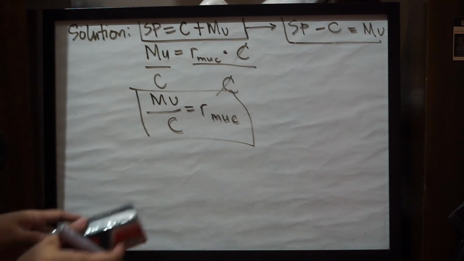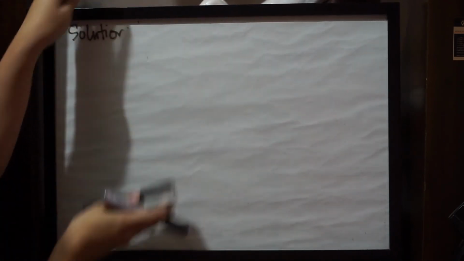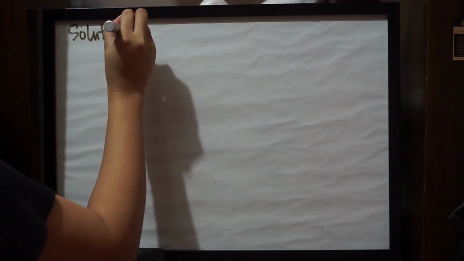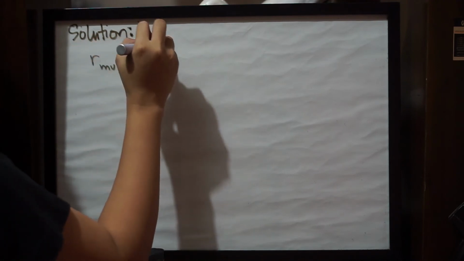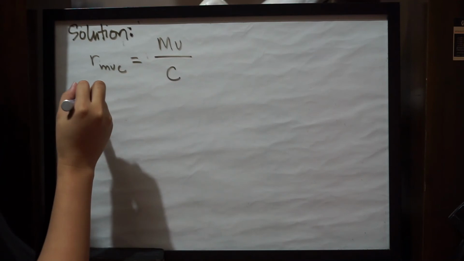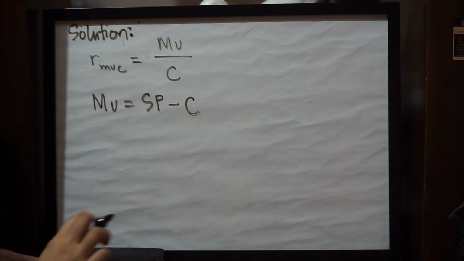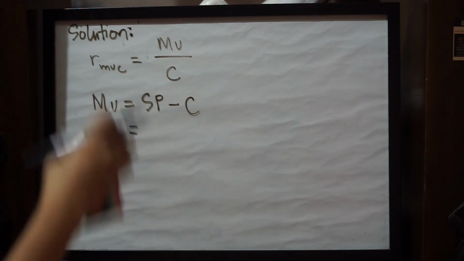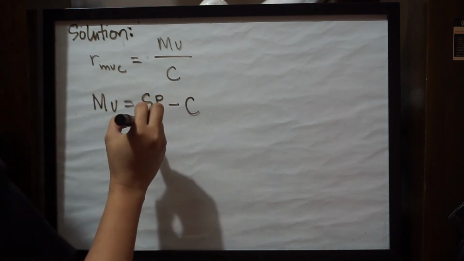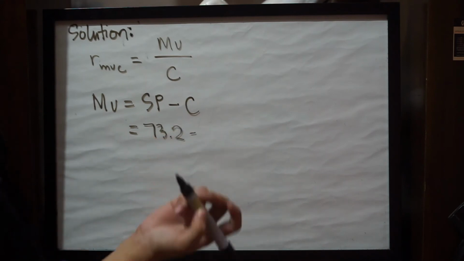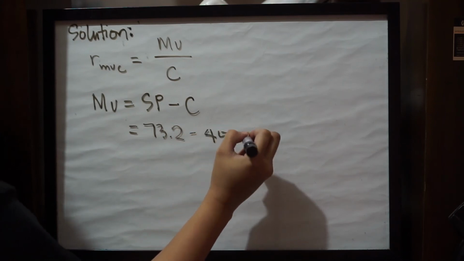So, sige, para makapag-solve tayo ng maayos, let me erase itong mga hindi natin kailangan. So, again, ang kailangan natin is rate of markup based on cost is equal to markup over C, and yung isa, markup is equal to the selling price minus C. So, next, substitute the values for SP and C. So, our selling price is 73.20, and the cost is 45.75.